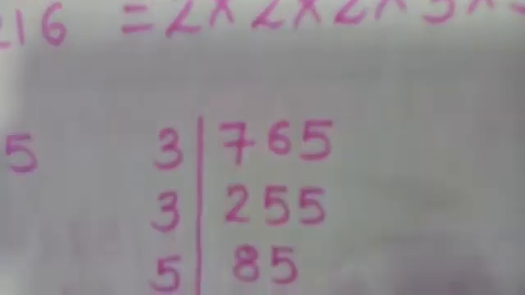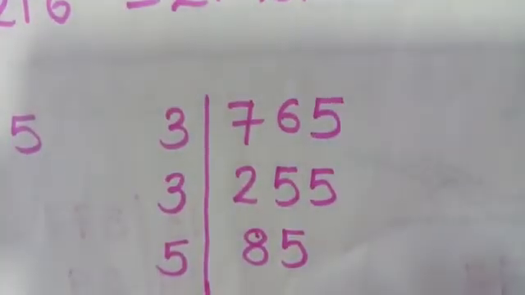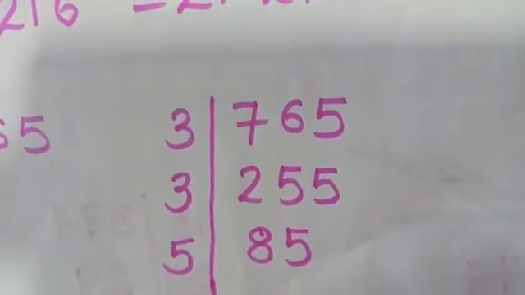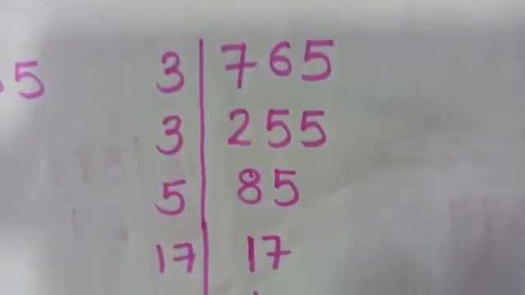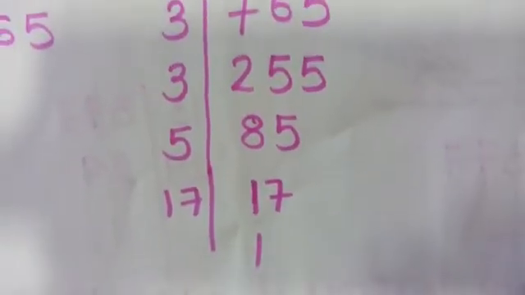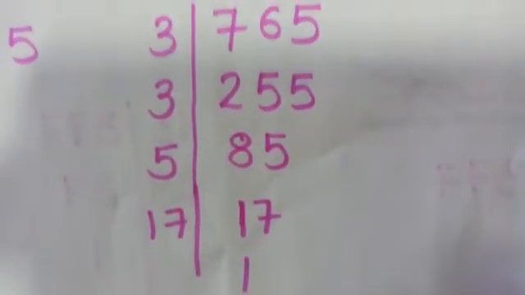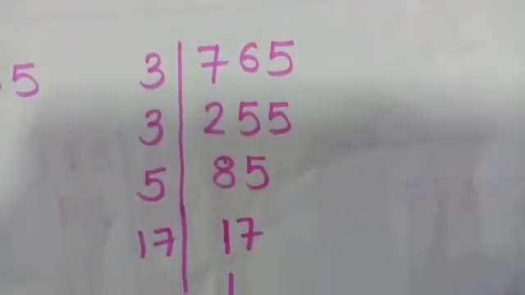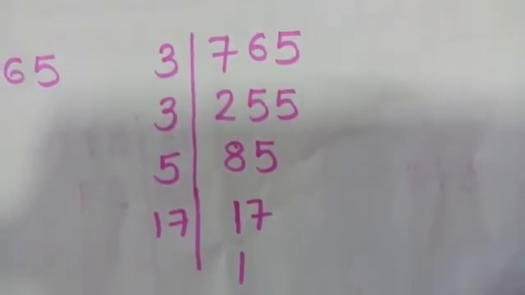We get the quotient as 85. 5 is in the units place, so it can be divided by 5. So the quotient we get is 17. 17 is a prime number, so it is itself being divided. So the prime factors of 765 are 3 into 3 into 5 into 17.